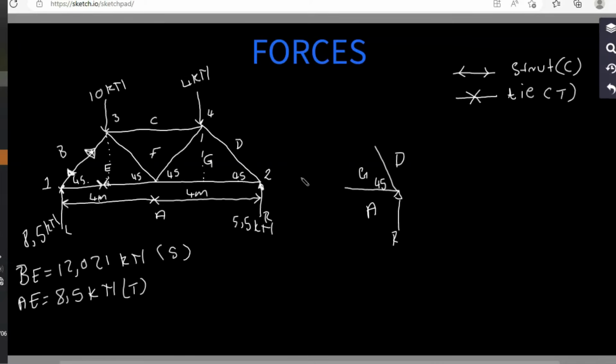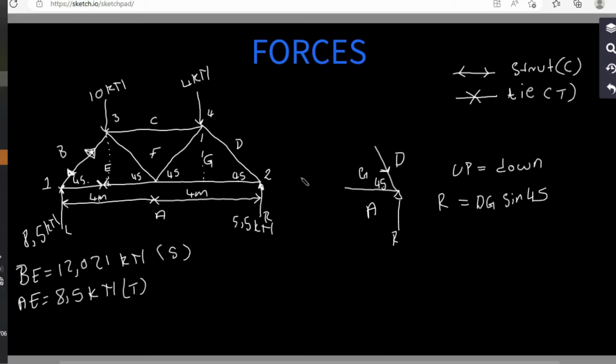What do we do? We choose a direction for DG. And then we say upward forces are equal to downward forces. R is going up. The force that will be going down is the component of DG. It will be DG sine 45.